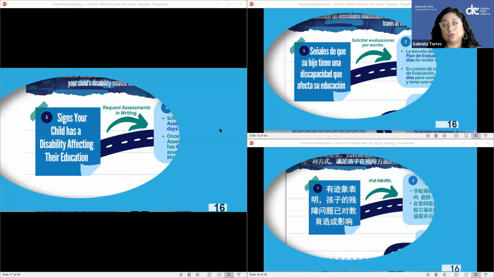Parents can also request special education assessments if they notice a change in behavior or a disability, or if they just want their child to be assessed because they believe there might be a disability that's affecting their education. Teachers can refer for special education assessments as well.